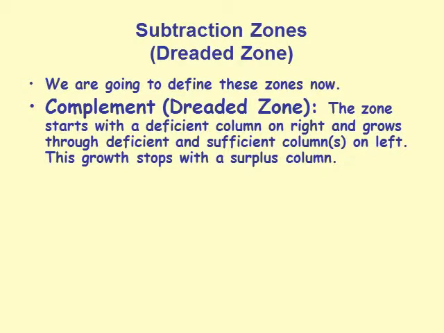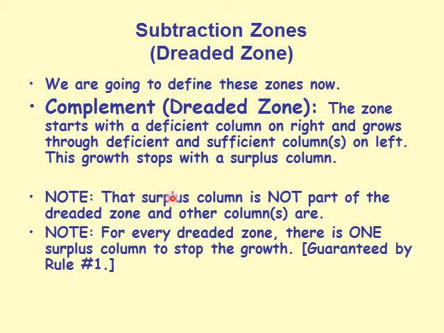It grows through deficient and sufficient columns on the left, so it's not just one column in the dreaded zone, it's all the other columns to the left which are deficient and sufficient. This growth stops with a surplus column.